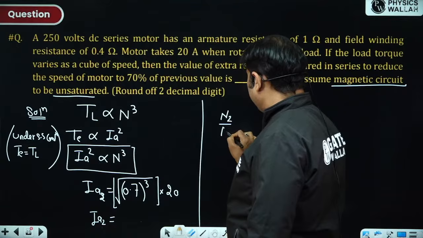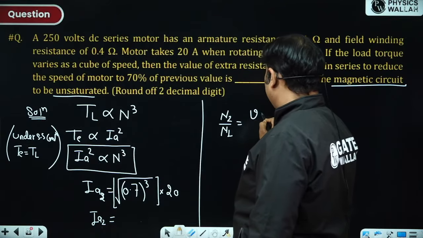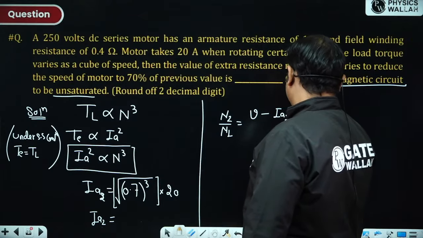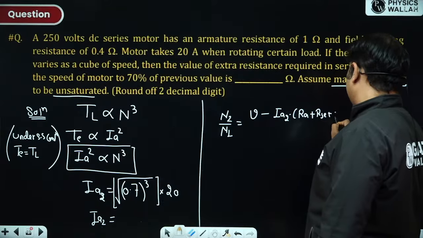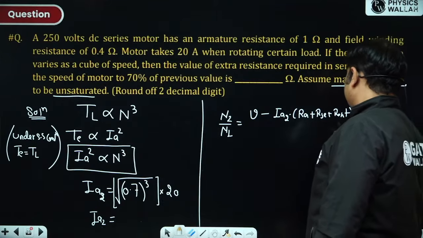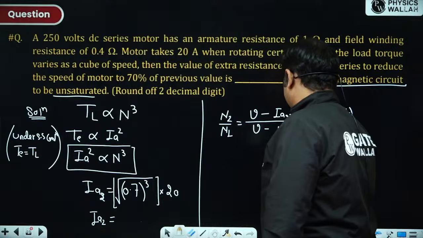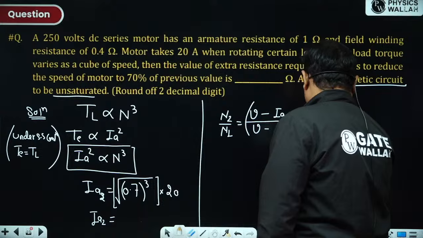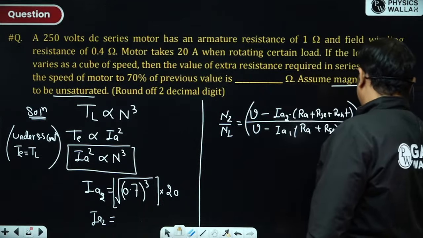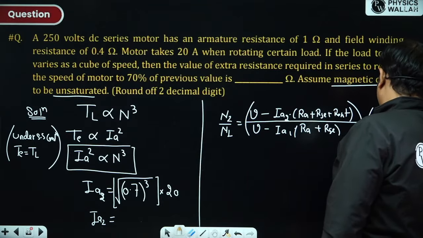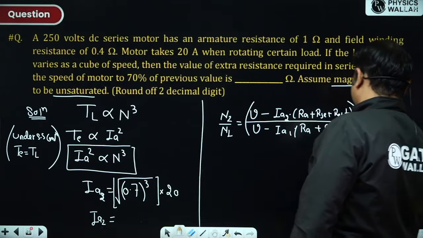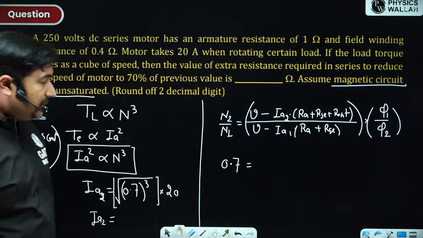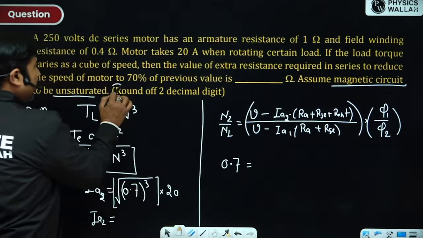So N2 by N1 is, since voltage we are not changing, Ia2 times (Ra plus Rsc plus an external resistance we are applying in series with the armature), over Ia1 Ra, whole multiplied by flux phi 2 by phi 1. This value is given to you because we have to reduce the speed to 70%.